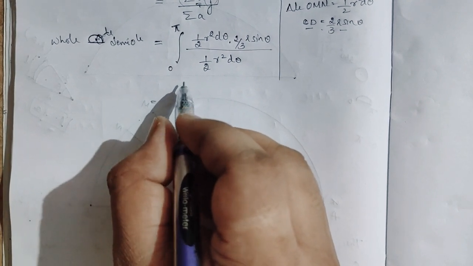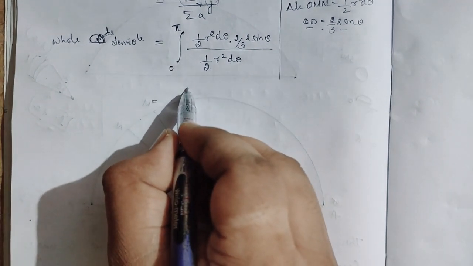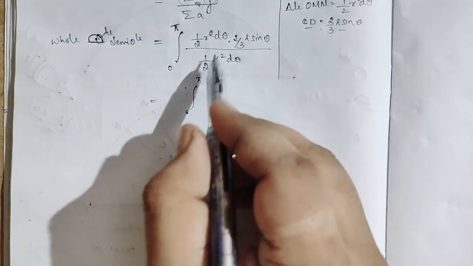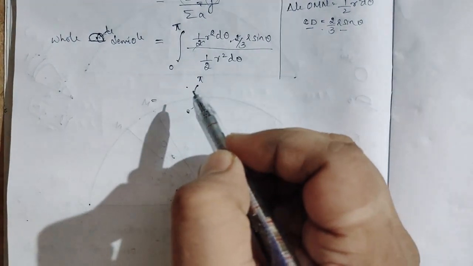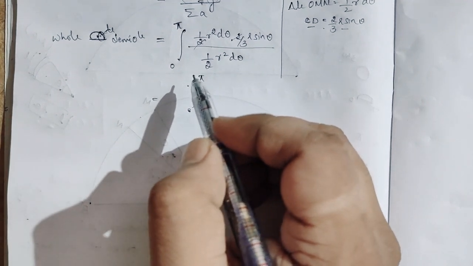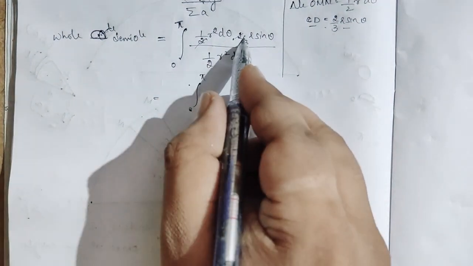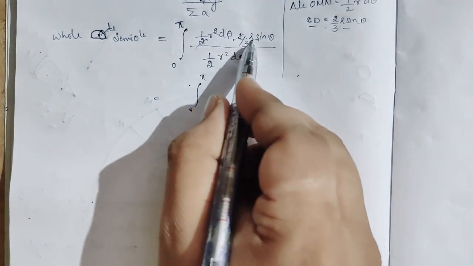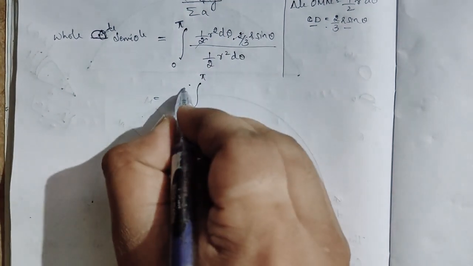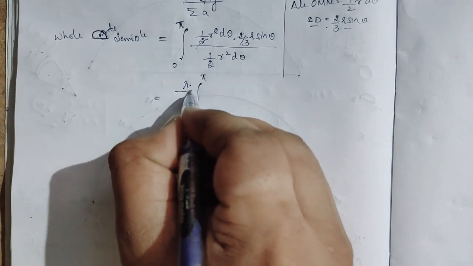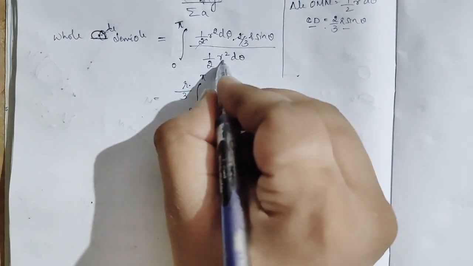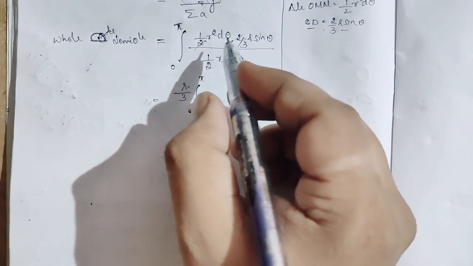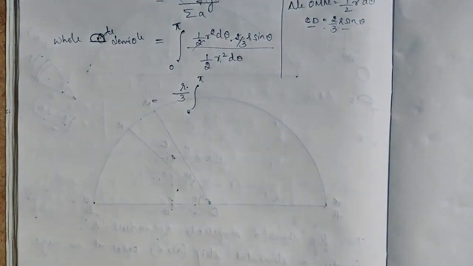So now simplify it. What happens? I'll take 0 to pi, and the 1 by 2 cancels. I'll take this r cube. Theta is the variable, right? So r is the constant, so r by 3. This r and this r become r cube.